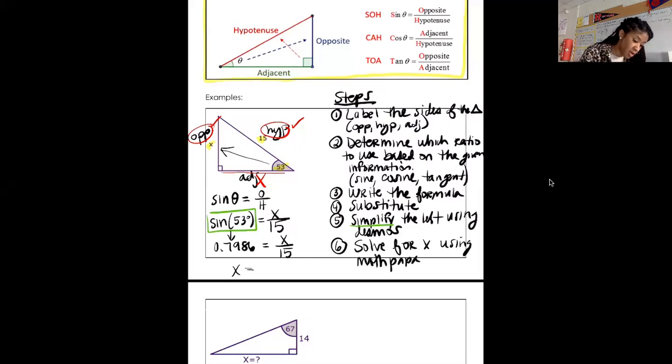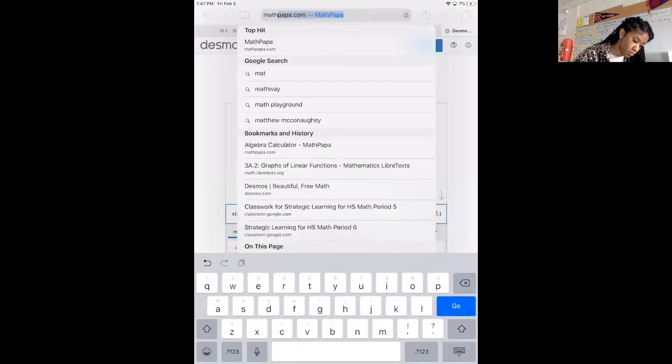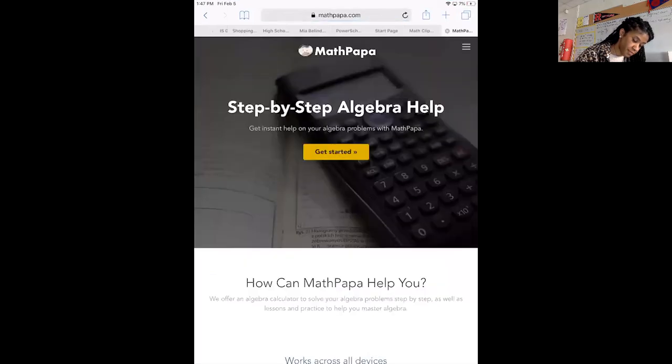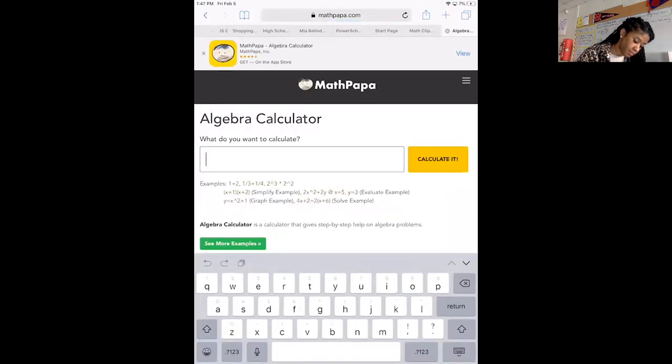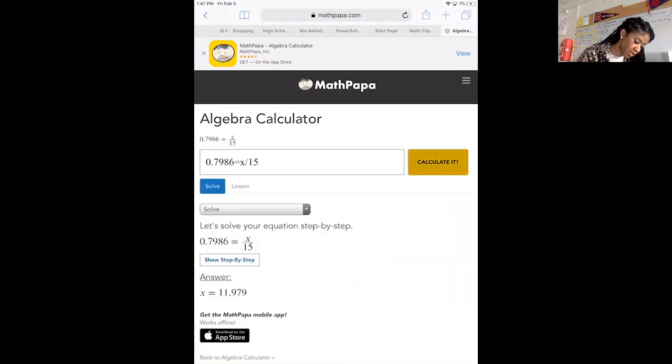We're going to type this entire equation into Math Papa, and it's going to give us an answer. 0.7986 equals x over 15. Calculate it, and I get 11.979.